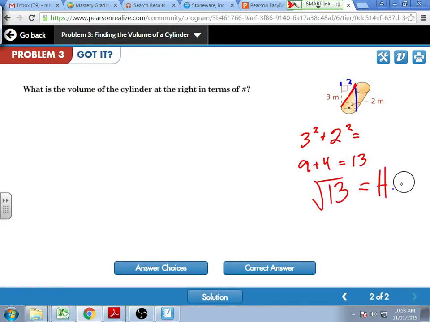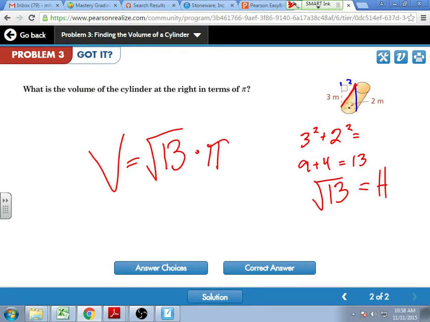So the height of our cylinder here is radical 13. Since my radius is actually 1, the base area is pi. So my volume just becomes radical 13 pi. Now if you don't like leaving things in terms of pi, this will really goof you up because now we're leaving it in a radical term and in terms of pi, meters cubed.